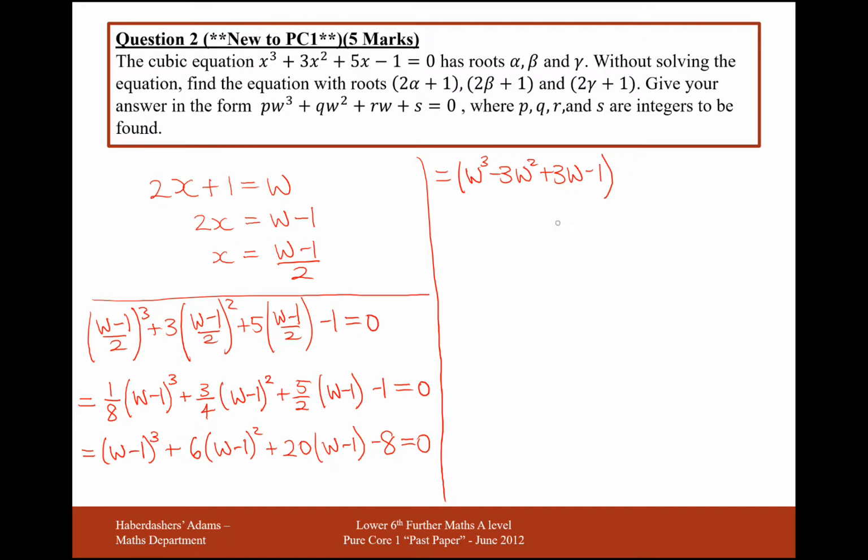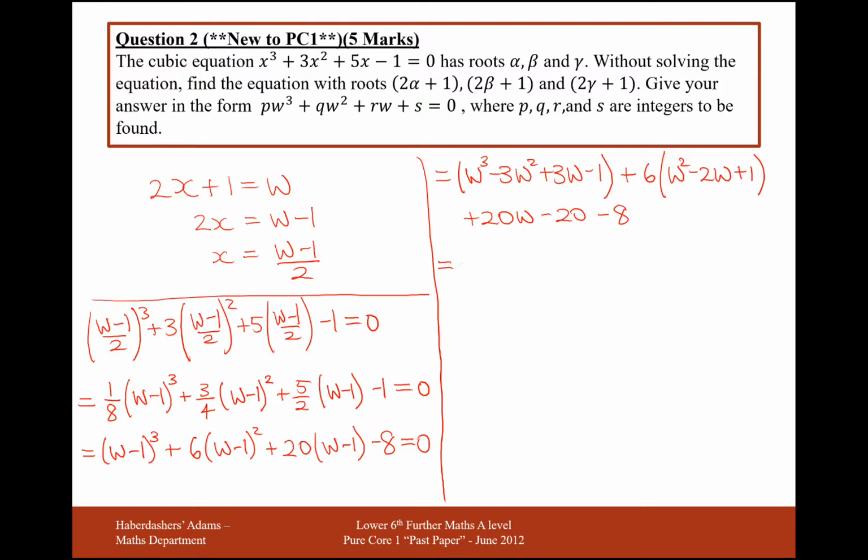So that's going to be the first bracket, and then it's going to be add 6 lots of w minus 1 squared. That would be w squared minus 2w plus 1. And then it's going to be add 20 w minus 20, and then take away the 8 as well.